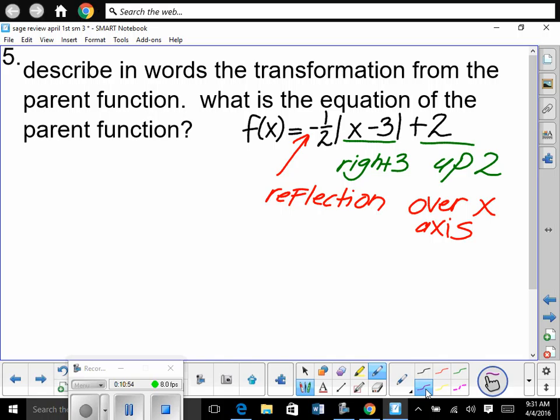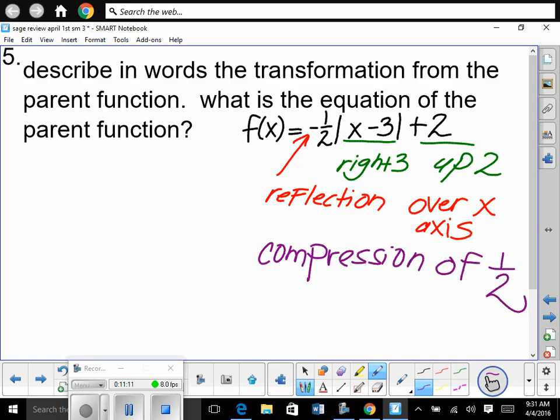Wrong. You look at the absolute value. You don't look at the negative to determine if it's a stretch or compression. Does everybody understand how 1/2 will compress it? So we would say a compression of 1/2.